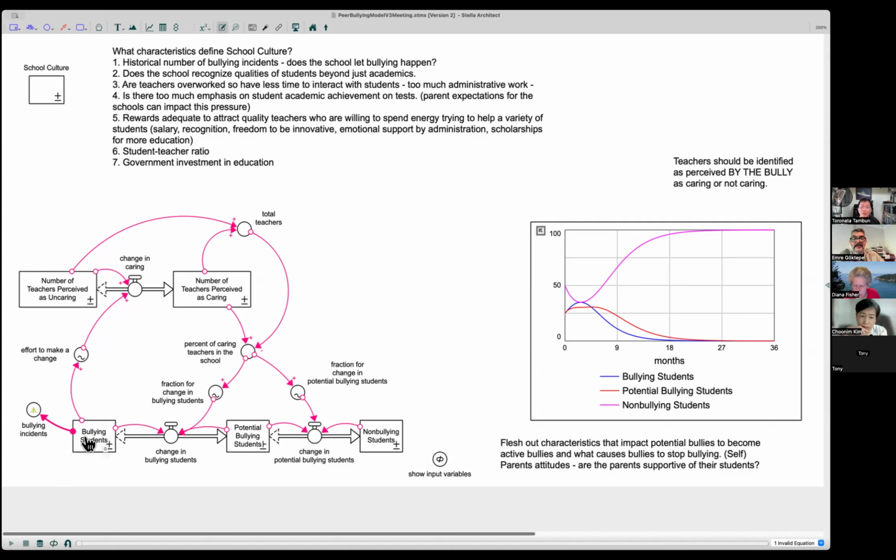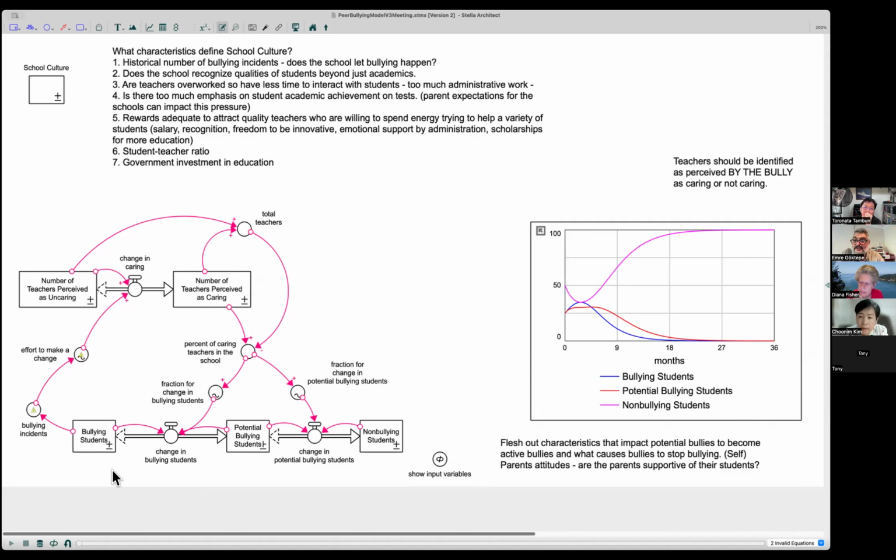Bullying students. Yes, that makes sense. So it would be like this. Okay. So bullying incidents. Maybe, but this will make the model complicated, but we can just put one number to make the units work.